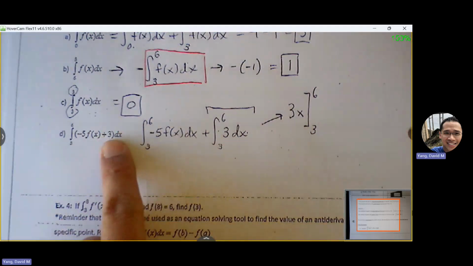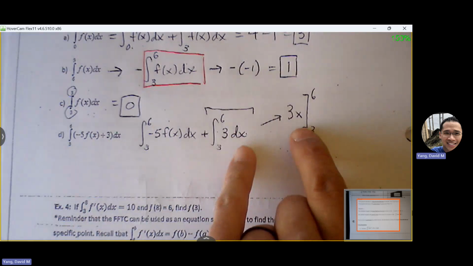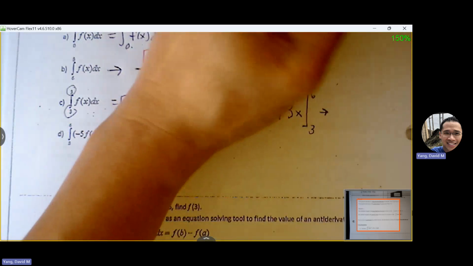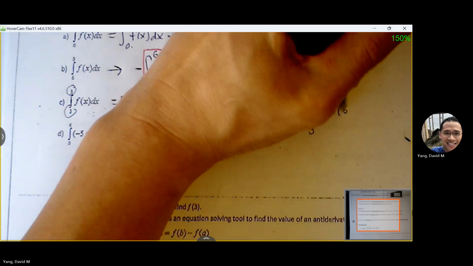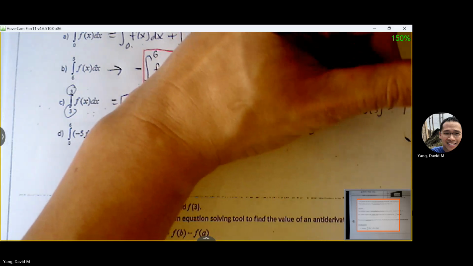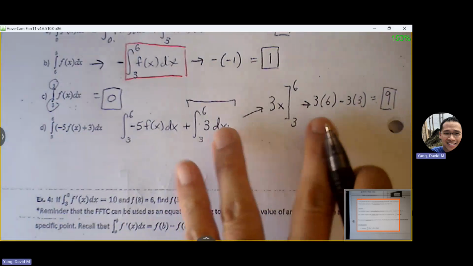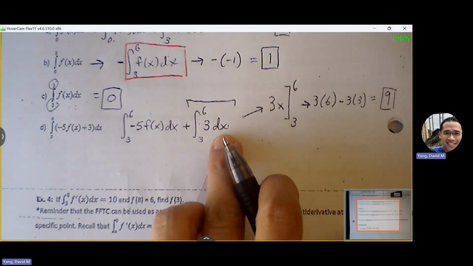This feels like a 3 that I'm just going to add to whatever my result is, but that 3 is under the integral umbrella. We have to go through a separate process there. Okay, so this upper bound first. So the second half of the problem will give me 9.